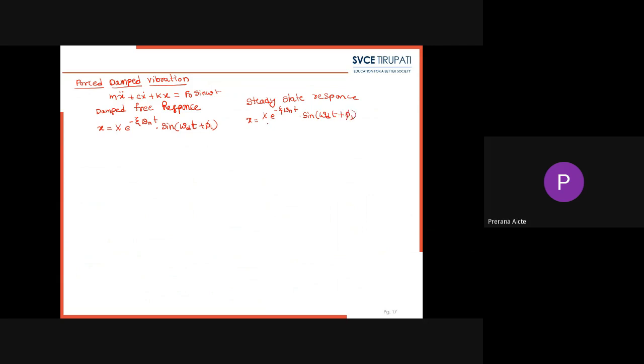So this whole term is actually the damped free response only. I'm writing it again because the steady state response is nothing but an addition of the damped free response, and some other terms will add up for the next term. So this is the damped free response only.